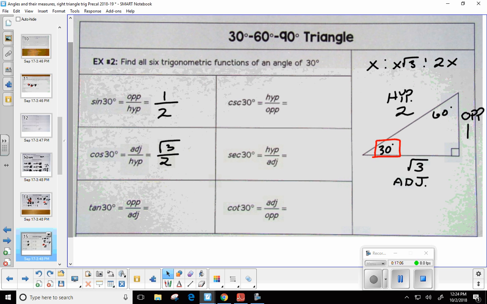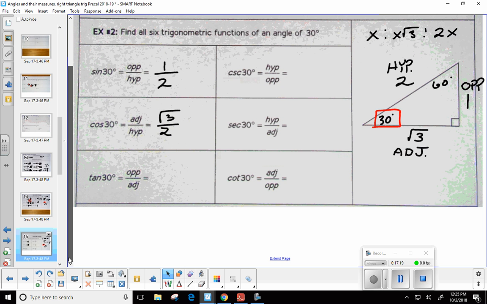Jayton, can you set up the tangent of 30 degrees for me? The opposite over the adjacent. The opposite 1 over the adjacent square root of 3. Now this one, I have to go ahead and rationalize. So what am I going to multiply by here?